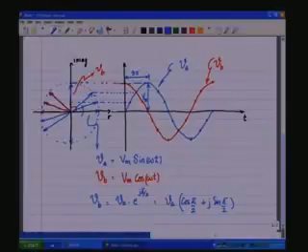This is 0, of course. This has a value equal to 0, was not there. This has a value equal to 1, and therefore, you have j VA.